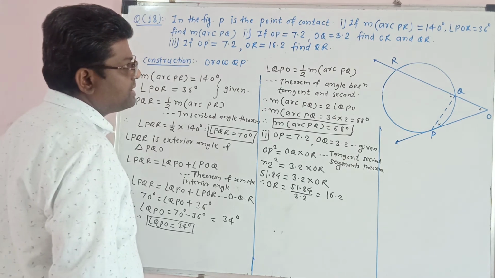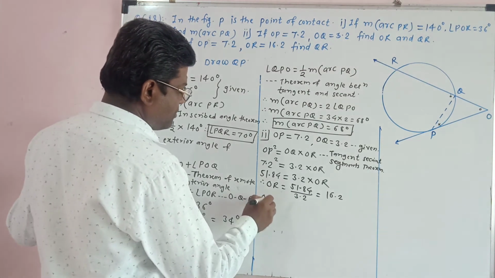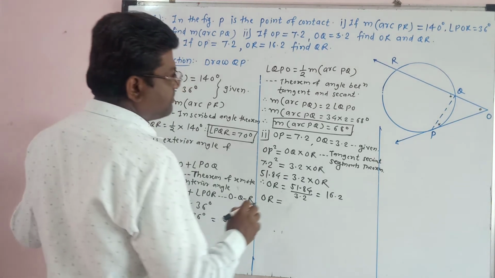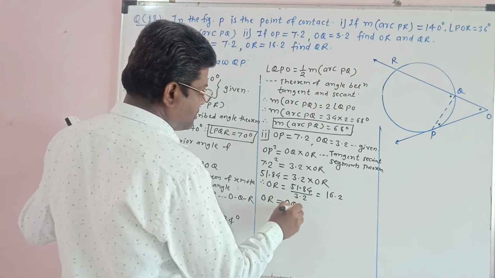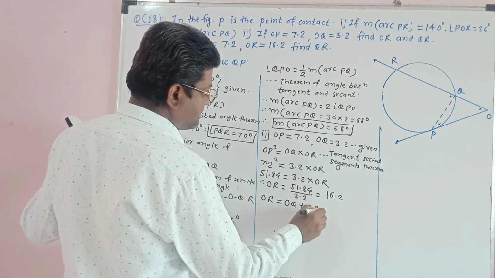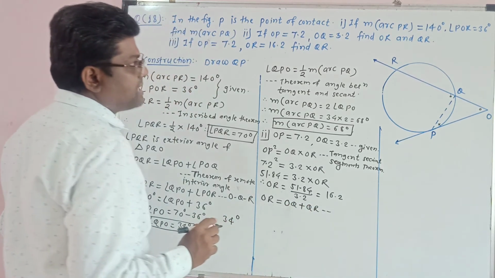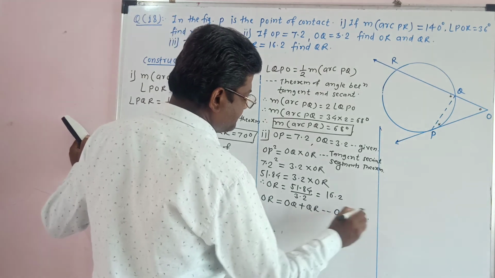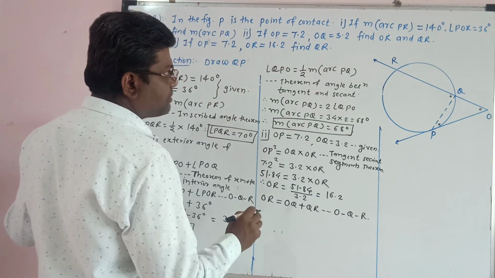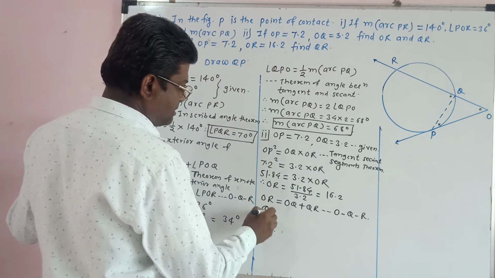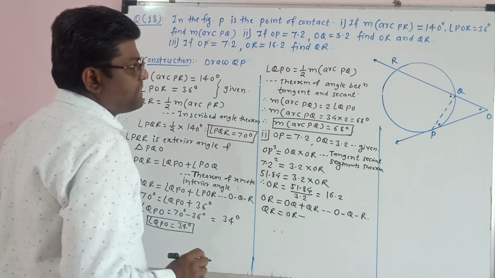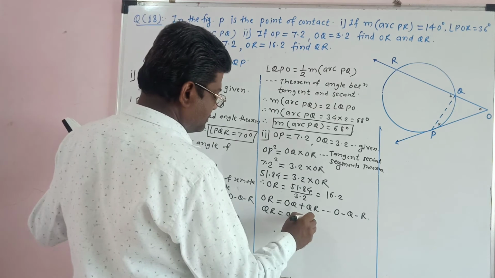We have to find QR. Now OR is equal to OQ plus QR. Reason is O-Q-R. Therefore here we have to find QR. QR is equal to OR minus OQ.